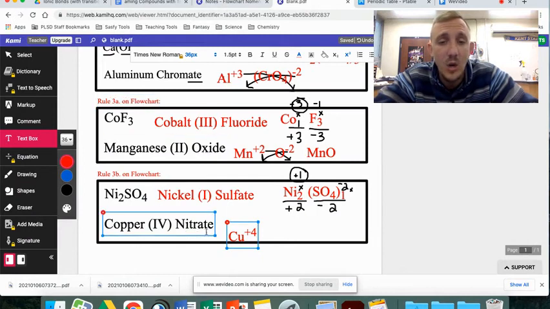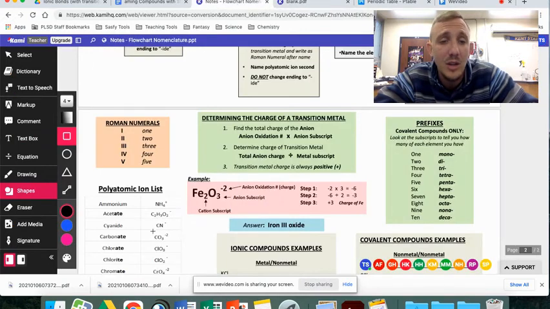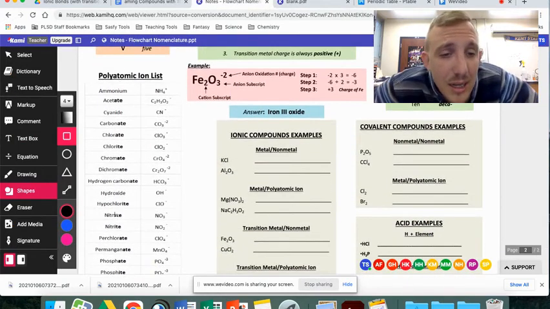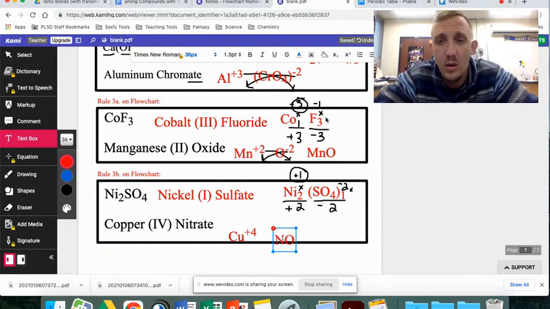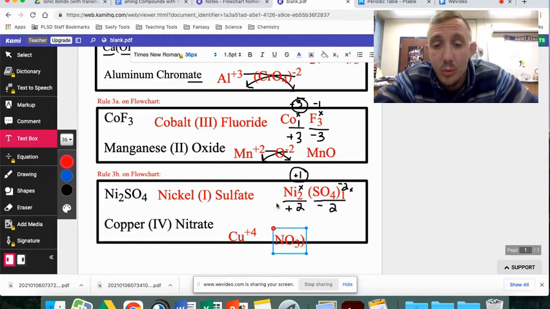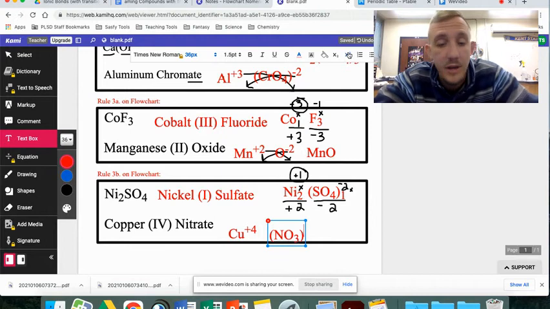The reason I know it's a polyatomic is because it has an -ate. So I'm going to look for nitrate on my polyatomic list. It's NO3 minus 1. So I'm going to put NO3, and again, put it in parentheses, just so you guys know not to change the polyatomic. It has a charge of -1.